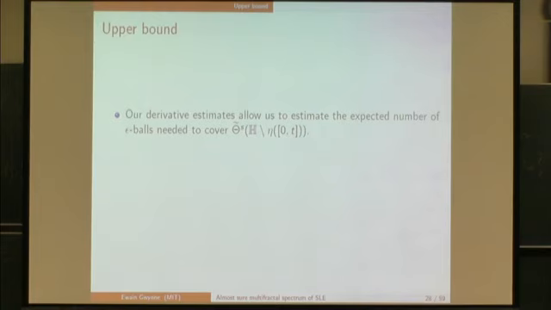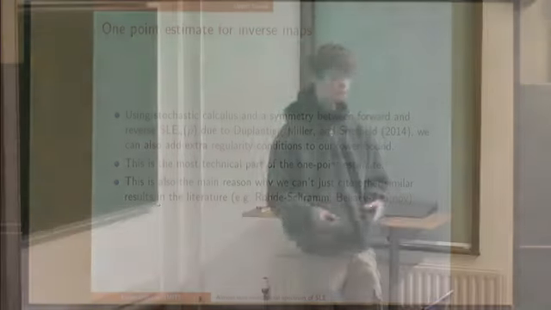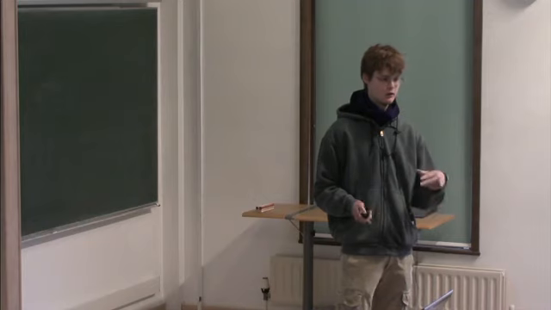Question: Just to understand correctly, the extra regularity conditions are not used to prove the upper bound, but are used in order to prove the estimate that you will need as input in the upper bound, right? Is that the idea? Right. So they're in the lower bound.